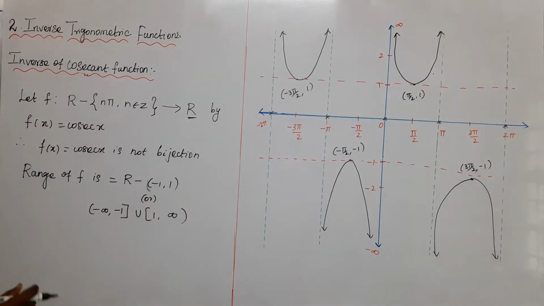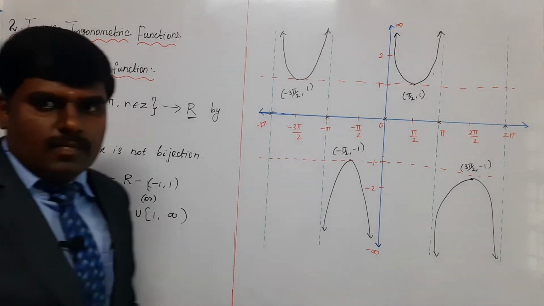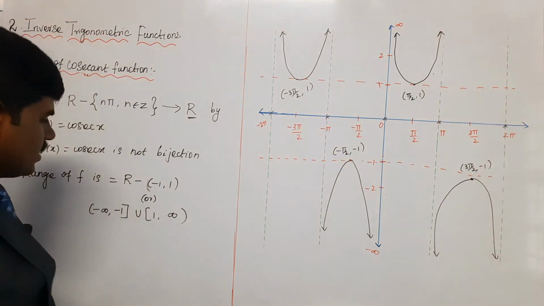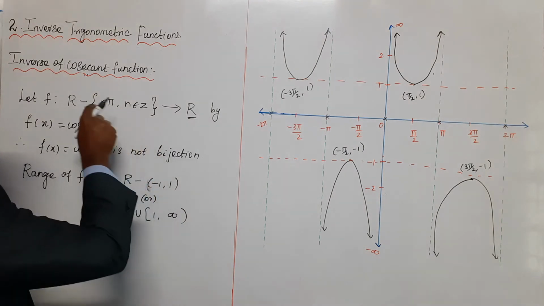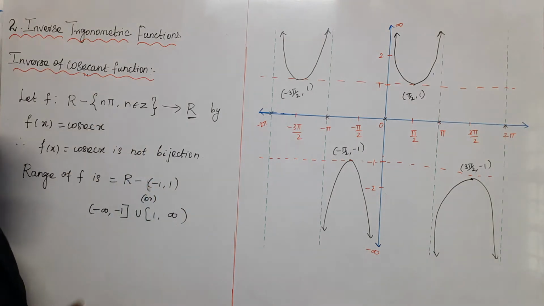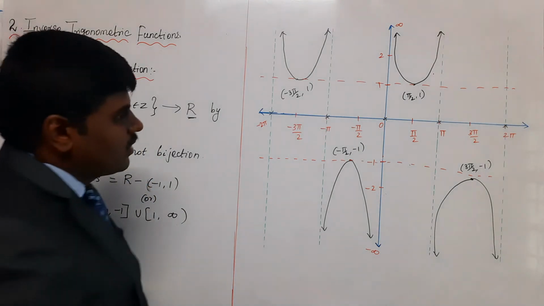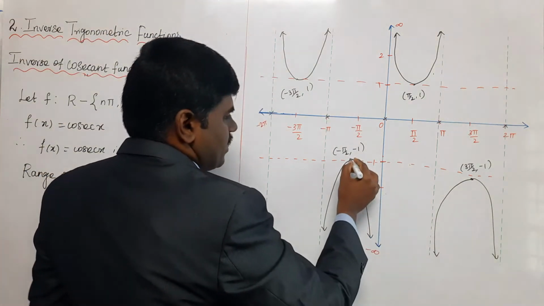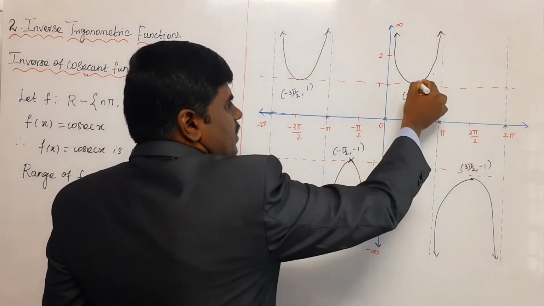First I restrict the codomain value, next I restrict the domain value. As usual, we find the domain, here minus pi by 2 to plus pi by 2.